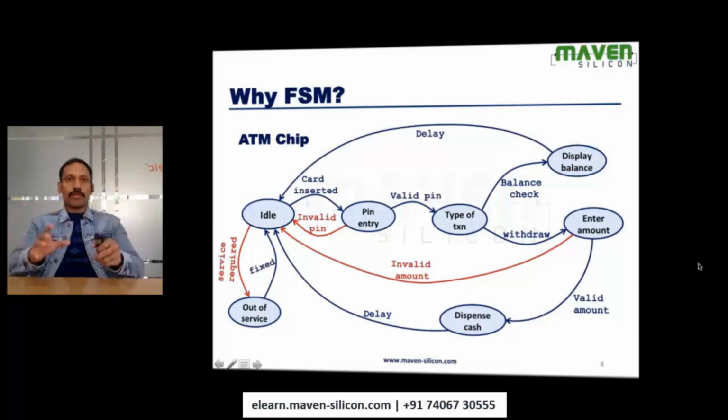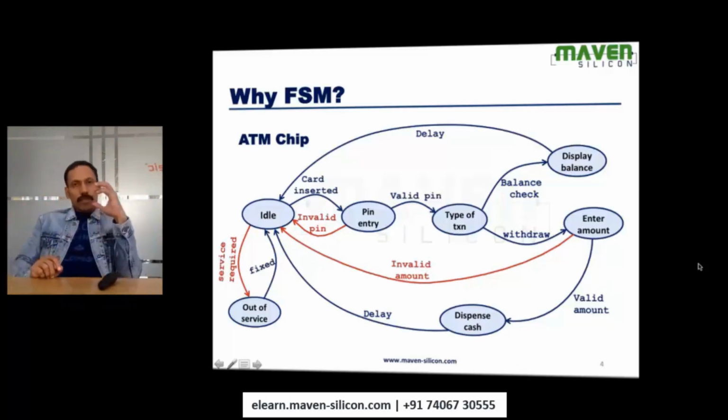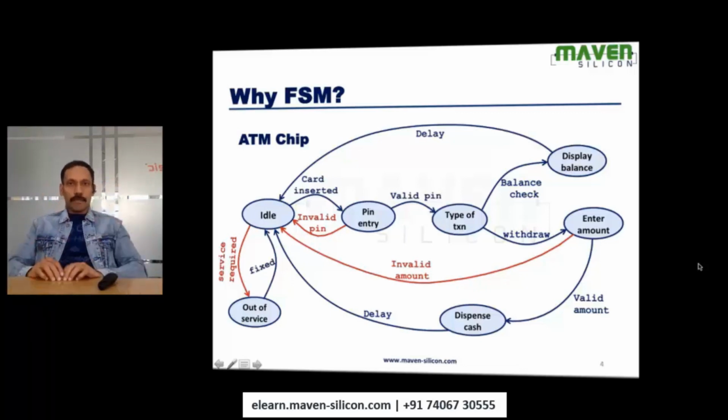This is how you can approach this design. But again, this chip is not going to be very simple like this. I'm showing only a few states. But to design this chip, you have to think through all possible scenarios. There could be many scenarios.